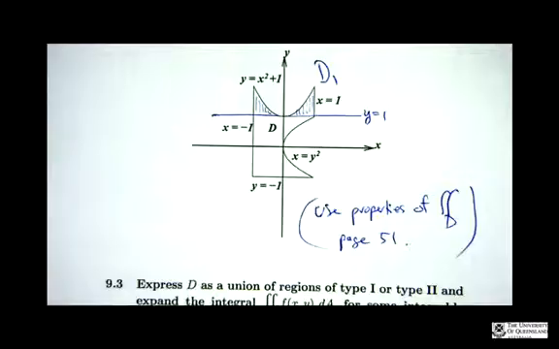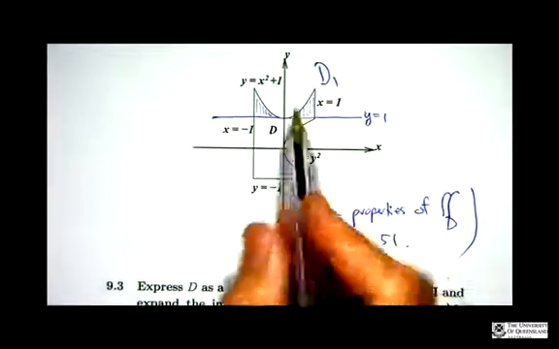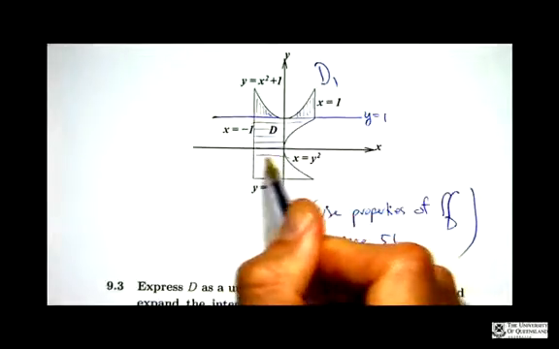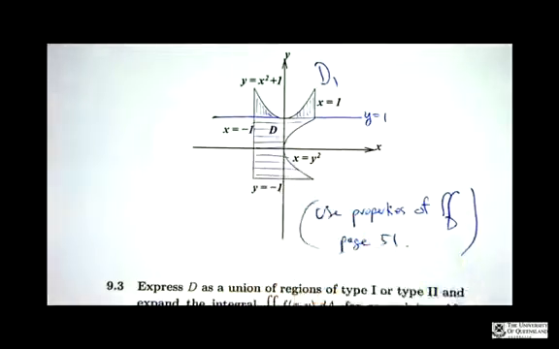Okay, but drawing the line across there, what's below that line? Well, I can identify what remains as a type 2 region, because the region sits entirely between y equals -1 and y equals 1, but most importantly between only two continuous functions of y, namely to the left x equals -1 and to the right x equals y squared.